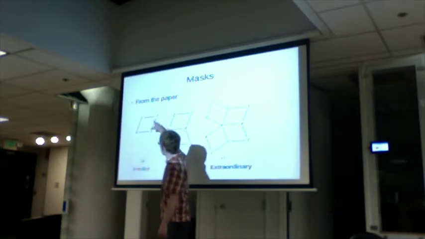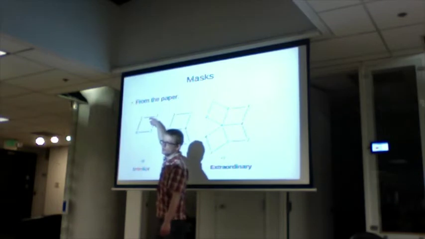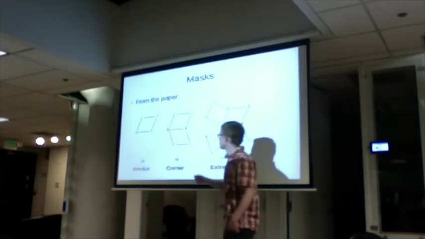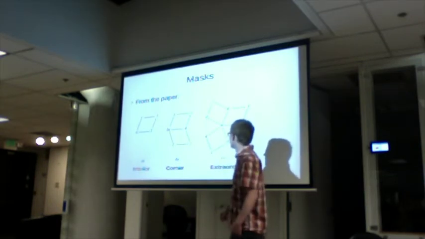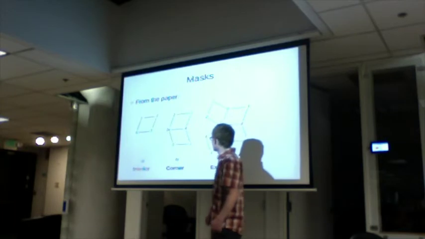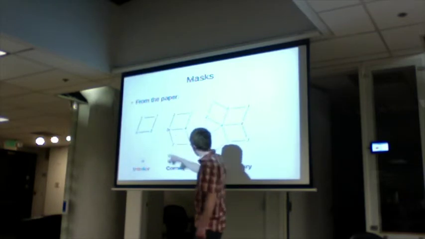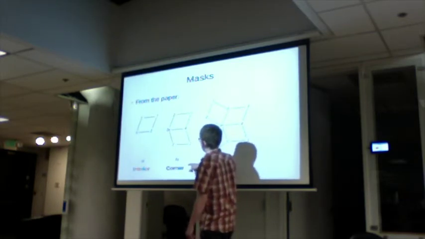So you might have a corner point which averages surrounding vertices using this mask. And these diagrams are a little misleading because they're actually variable in size. Oh, that's wrong, sorry.